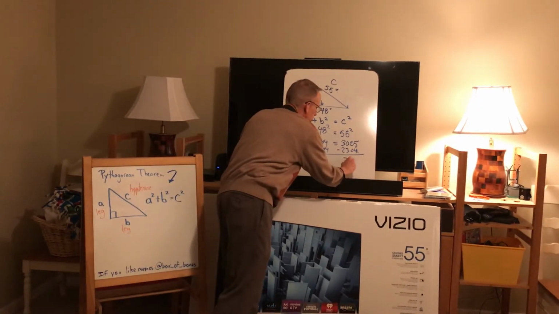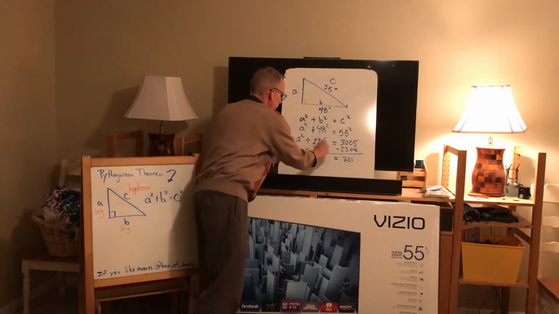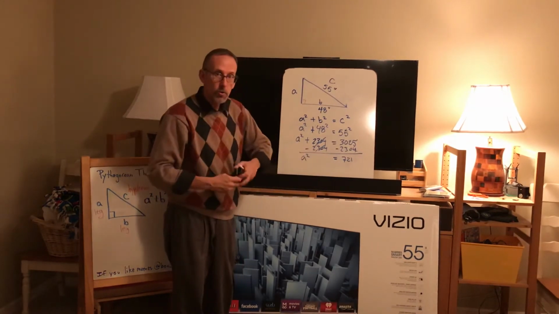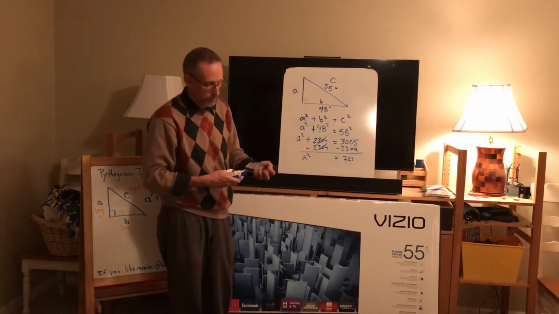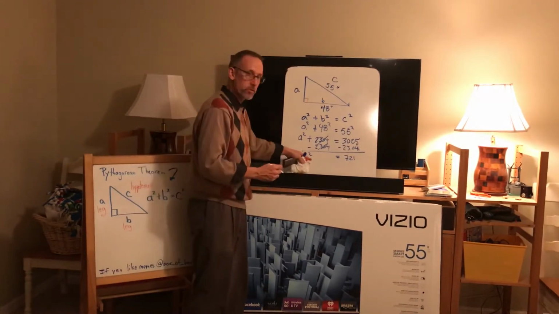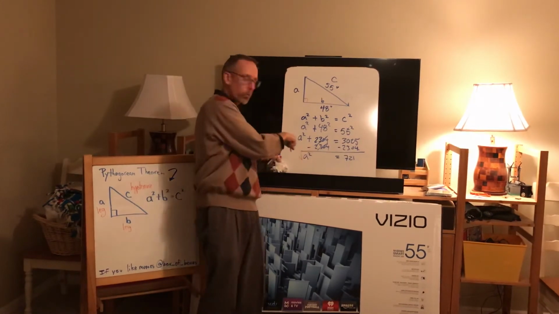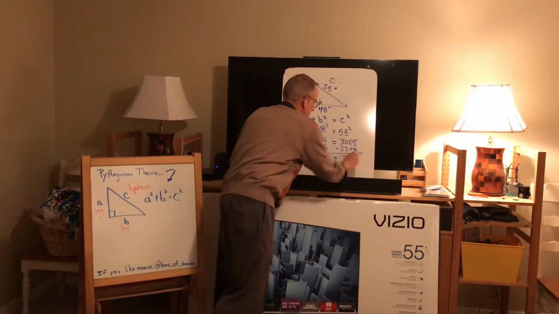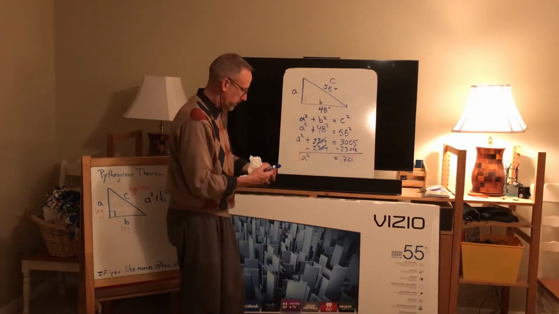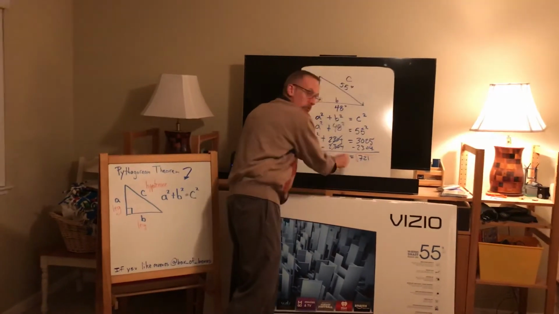So I have 721 equals a squared. So how do I undo a square? Oh, just like in the last video, and just like they do all over the world, a square root. If I square root one side, I have to square root the other side. And when I do that, the square root of a squared is going to be a.